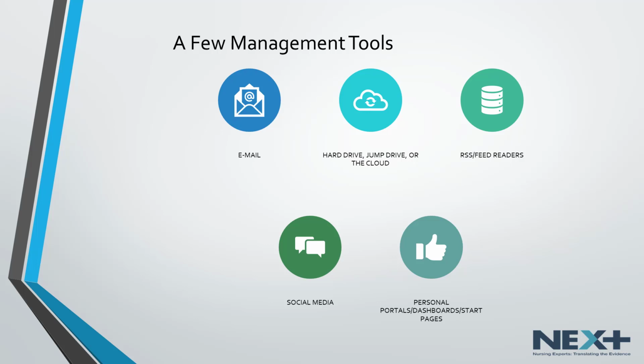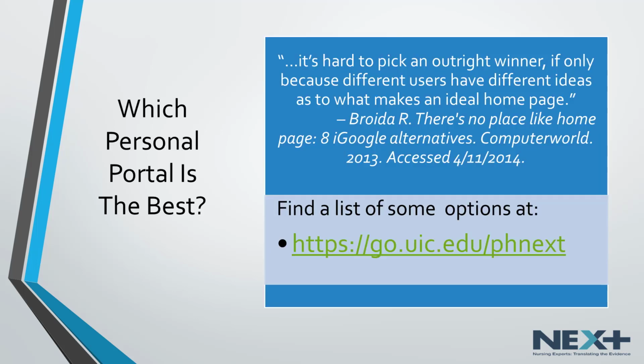These tools are also called dashboards or start pages, and they are designed specifically to be used as your personal information space. They bring together sources of information and your personal accounts. The end result is one page that provides access to your email, your social media accounts, news feeds, cloud storage, bookmarks, and more. Portals are a good solution for many users, and they do tend to be free to use.